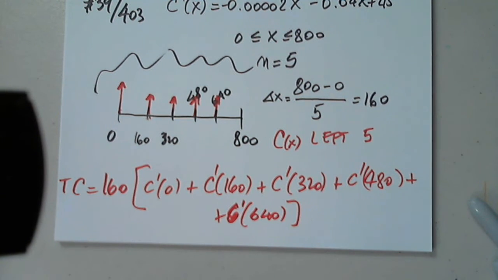So I put the function in the graphing calculator. I am ready with the calculator. Okay, clear. So our function is negative 0.00002x squared, and then minus 0.04x, and then plus 45.